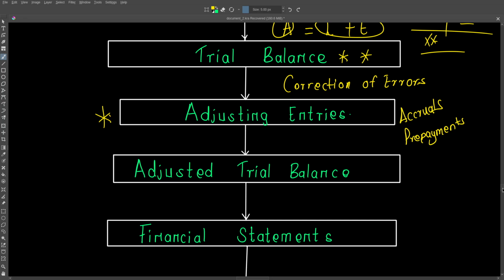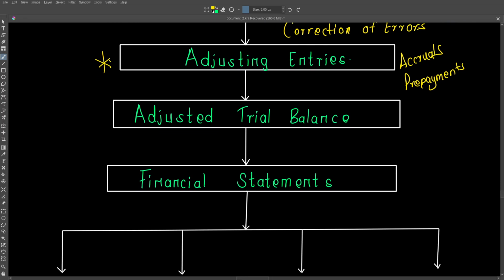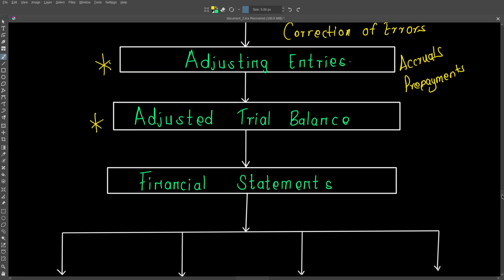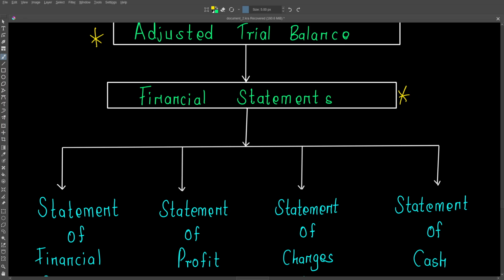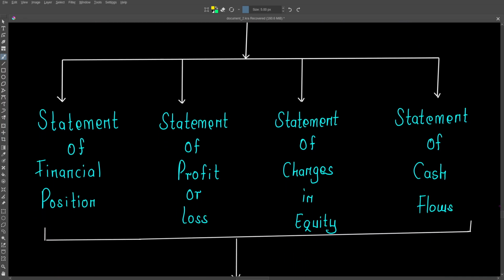Once we have done them and passed the journal entries, we are then able to get the adjusted trial balance inclusive of all these adjustments that we have made, okay? And once we get to the adjusted trial balance, we are able to prepare the financial statements, which are basically the statement of financial position, which shows the assets of that business as at a particular point, the liabilities and equity of that business as at a particular point in time, okay?